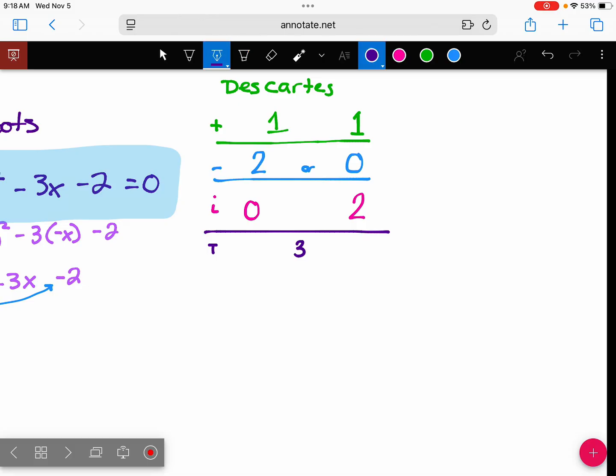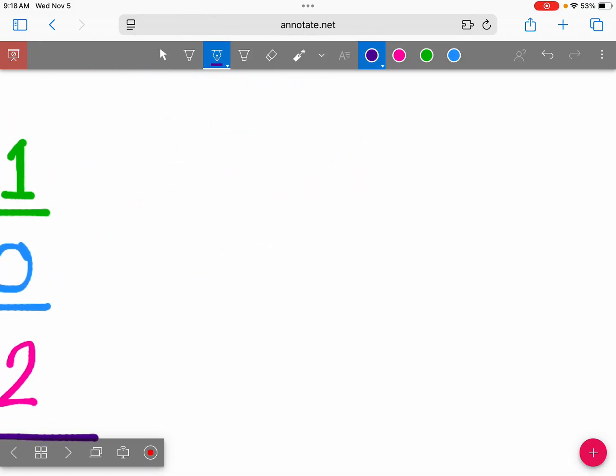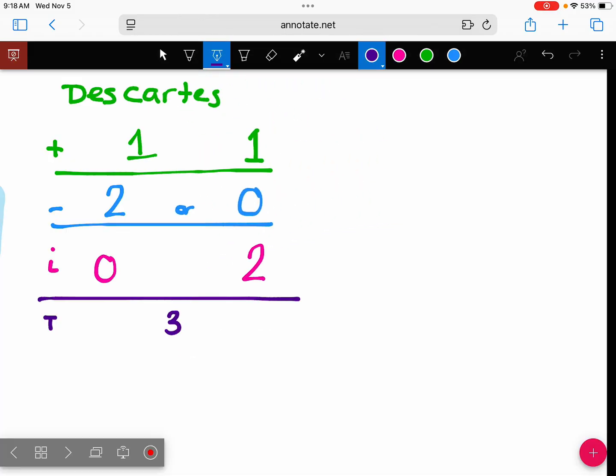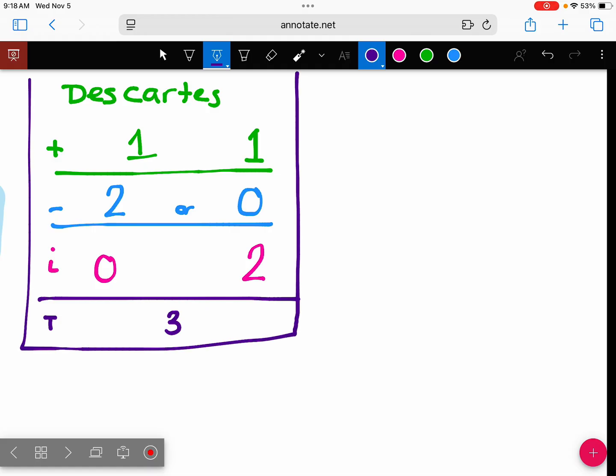So then let's practice our all possible roots, making our list of all possible options that we could have. So I'm just going to block this off. So here's Descartes. And then our all possibles.